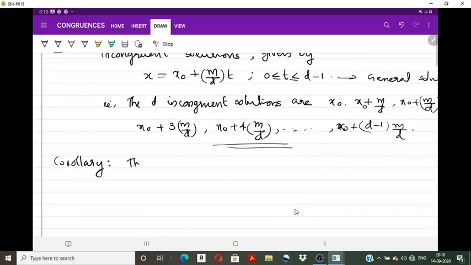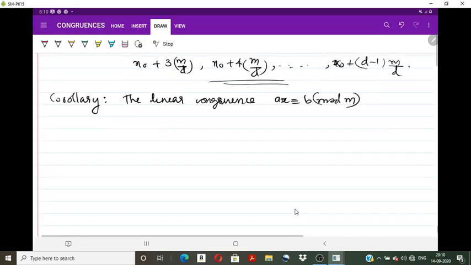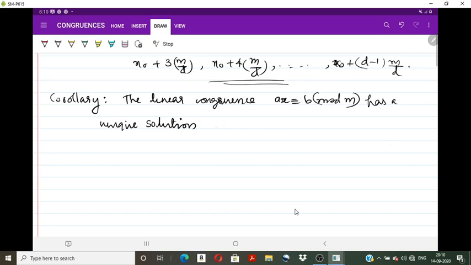The linear congruence Ax congruent to B modulo M has a unique solution if and only if GCD of A comma M equal to 1.